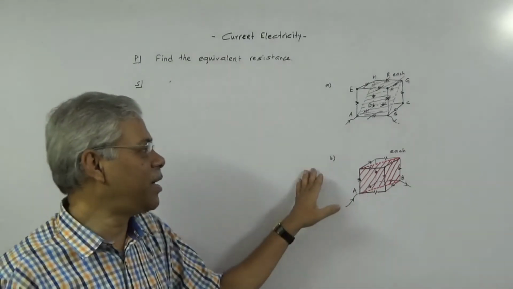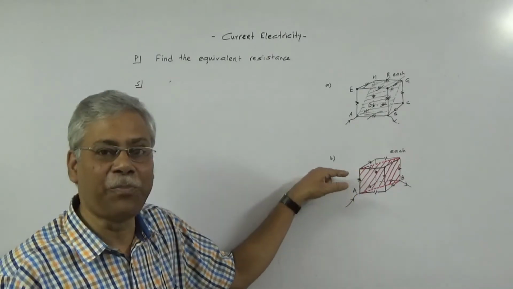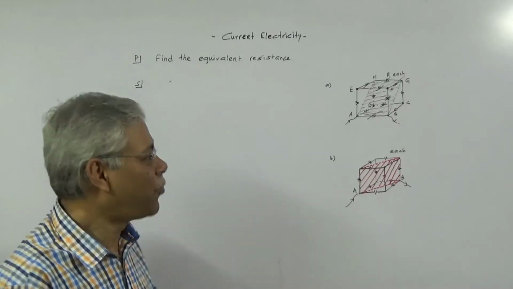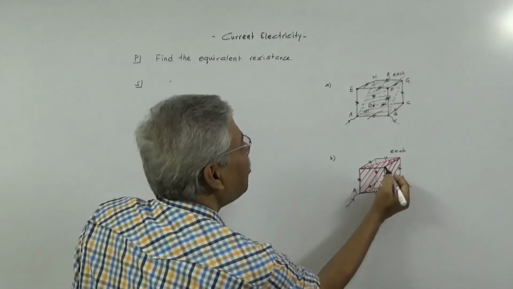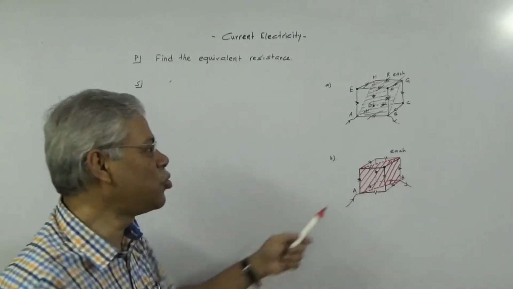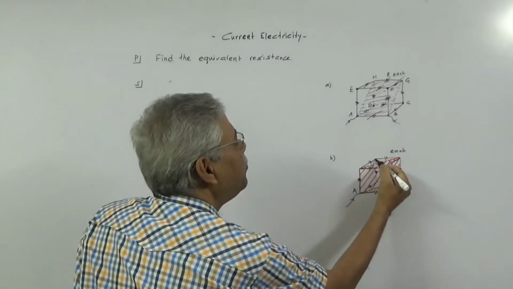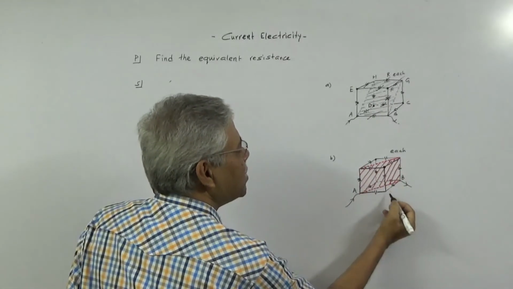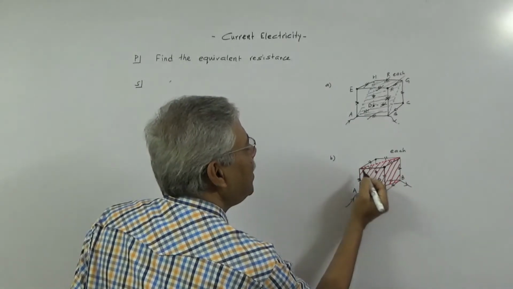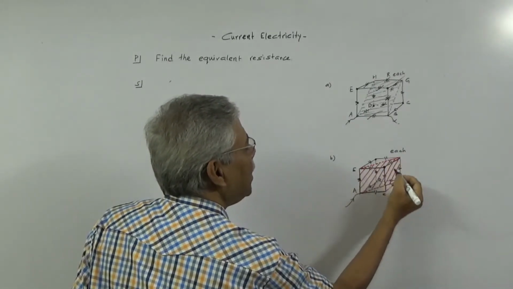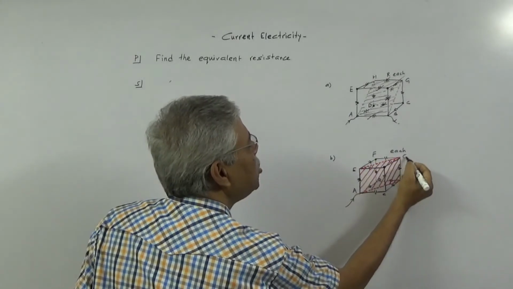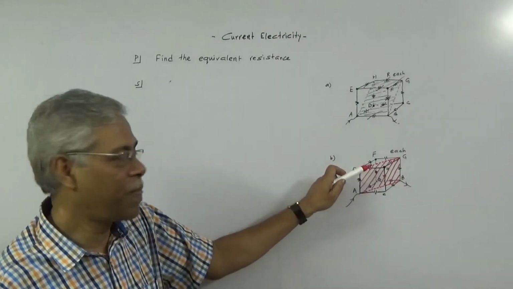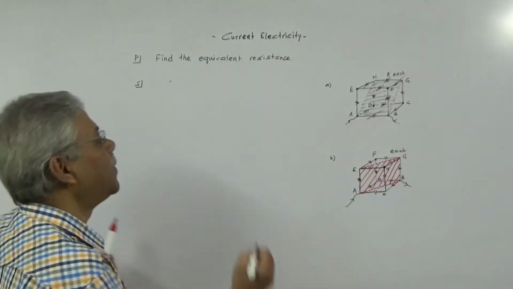When you use a mirror, there you will find points which are object image pair. For example, this particular point, if you consider this to be object, then this is the image. That means, let us name it A, B, C, D, E, F, G, H. So points F and H are object image pair.